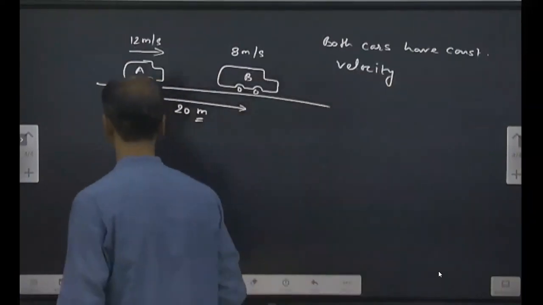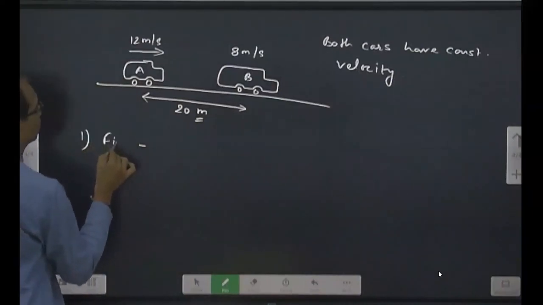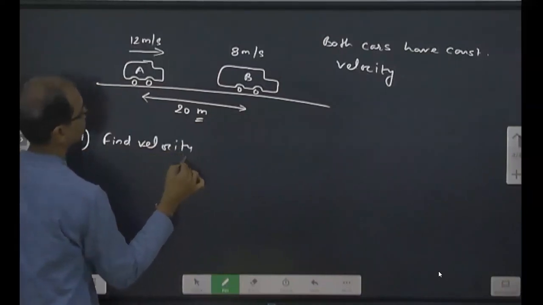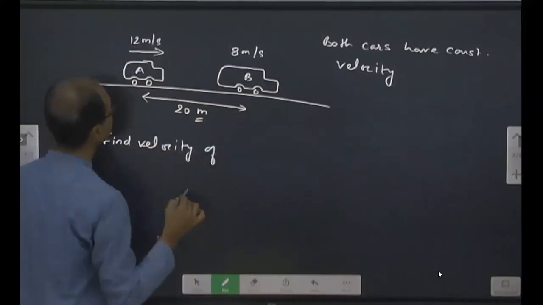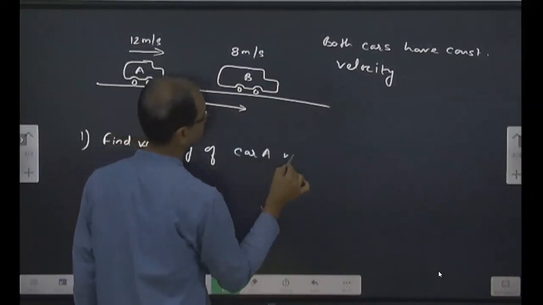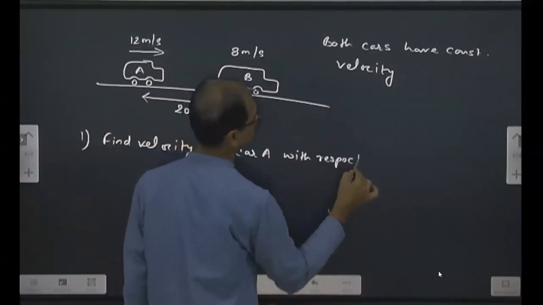So the simplest of questions. Question number 1. Find velocity of car A with respect to car B.